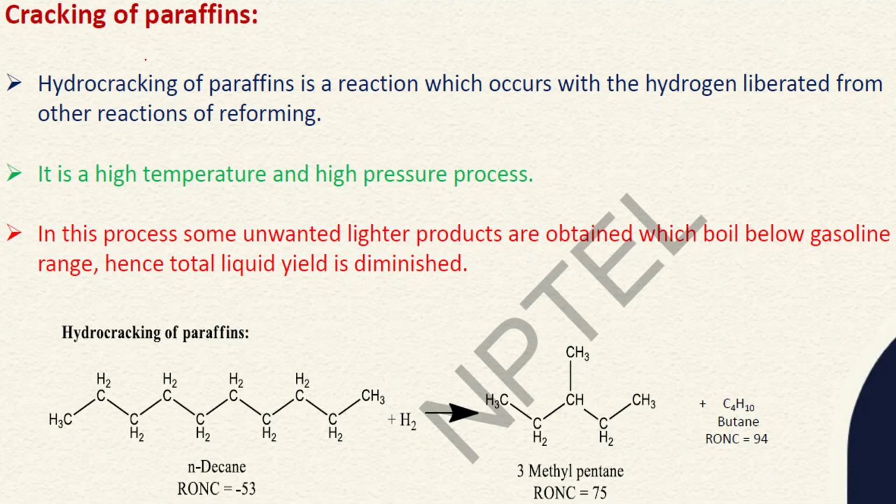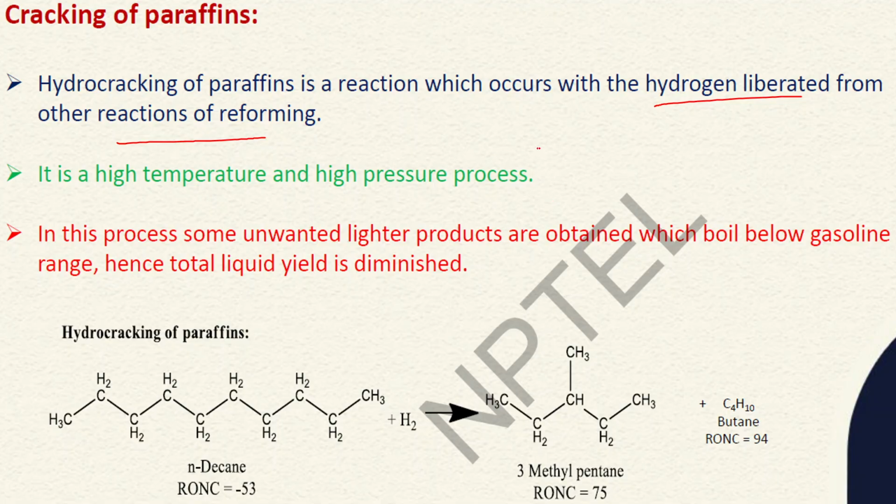Coming on to the next type of reaction, which is cracking of paraffins. Hydrocracking of paraffin is a reaction which occurs with the hydrogen liberated from other reactions of reforming. In the other types of reactions they liberate hydrogen, whereas here hydrogen is used.